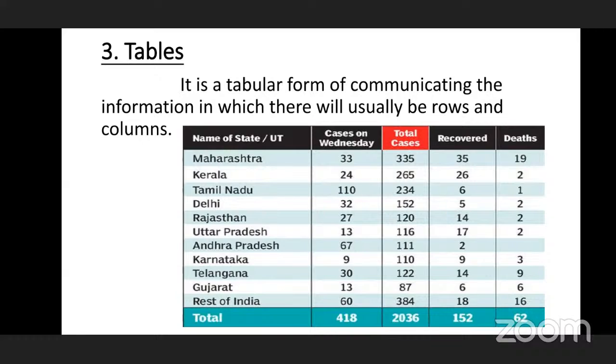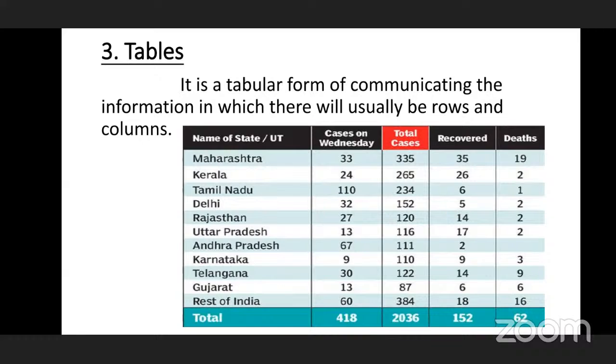The fourth column talks about recovered, how many people have recovered till that day. And deaths, the fifth column talks about the total number of deaths till that day in a particular state of India.